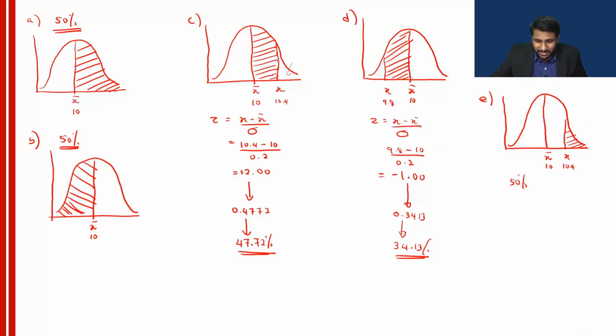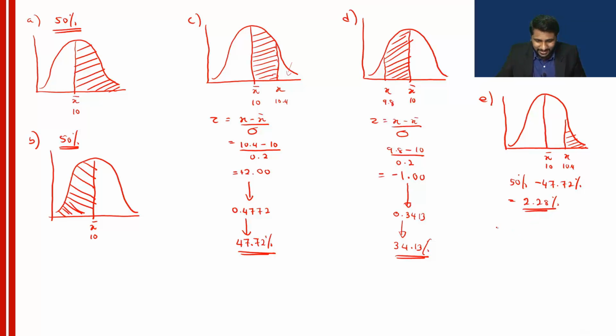Out of that, the area between 10 and 10.4 that we calculated is 47.72%. So 50 minus 47.72%, I am getting a value of 2.28%.